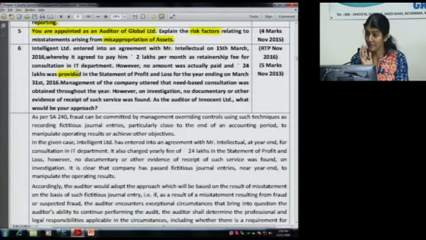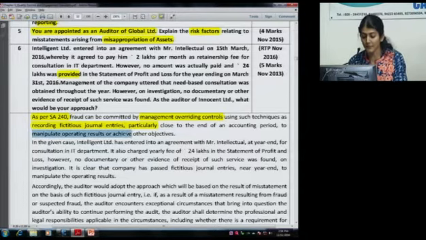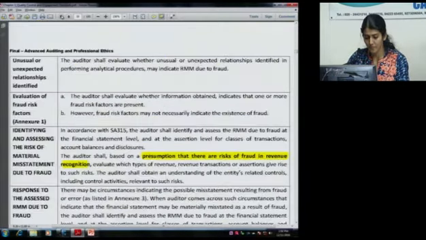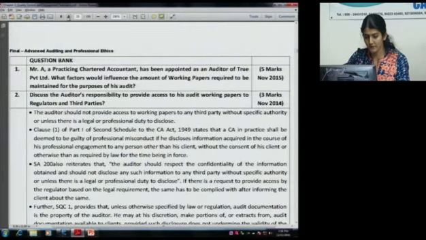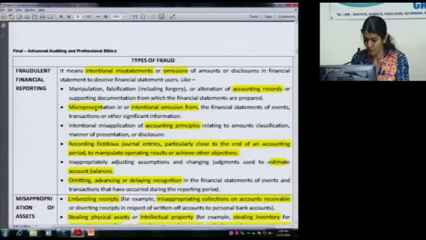means MOC, means 240. So as per SA 240, read the first line in the answer. Fraud can be committed by management overriding control using such techniques as recording fictitious journal entry, particularly close to the end of the accounting period to manipulate operating results or to achieve other objectives. And now go over to fraudulent financial reporting, types of fraud. See over here. 1, 2, 3, 4.